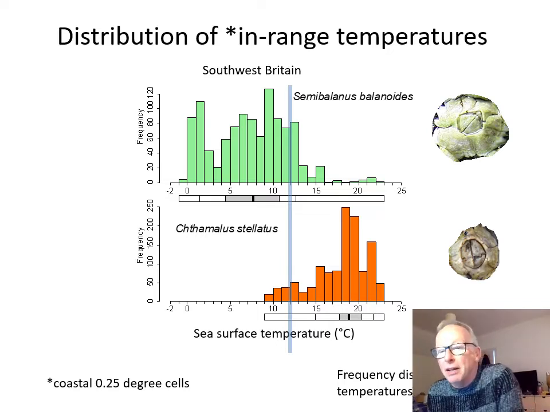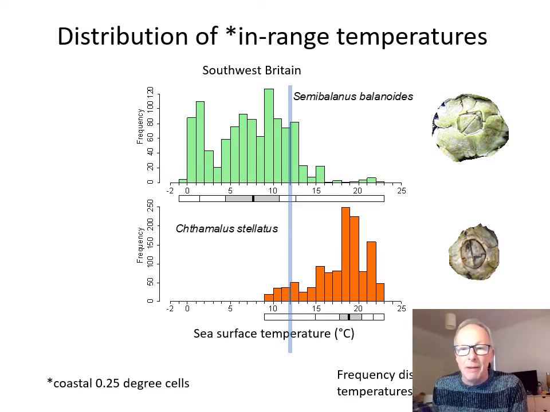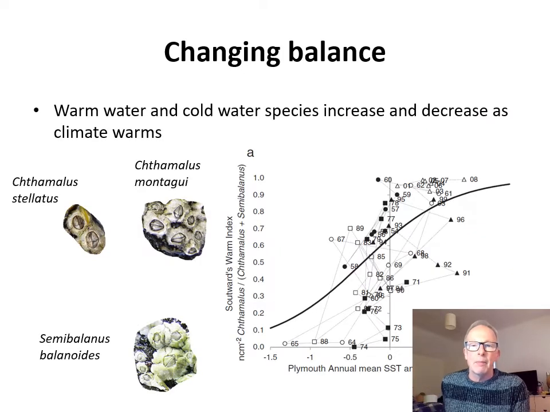Since the 1950s, people have been counting these things in Southwest Britain, and indeed the changes in these two species reflect those changing temperatures. Here's a plot of the ratio of the warm water species to the total number of barnacles on a seashore near Plymouth, related to the temperature anomaly in a particular year.